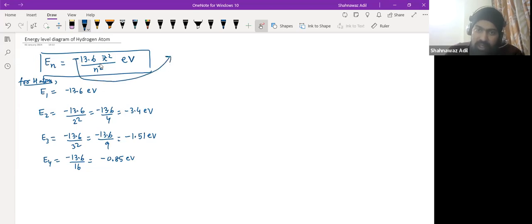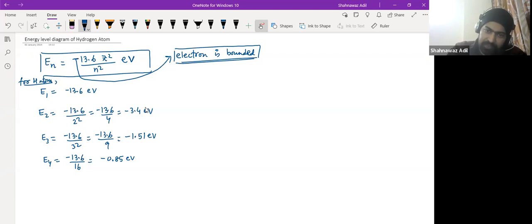Oh, and I forgot to tell you guys why this minus sign is coming. This is telling that the electron is bounded by the nucleus. It is not moving freely. So this is the importance of this minus sign.